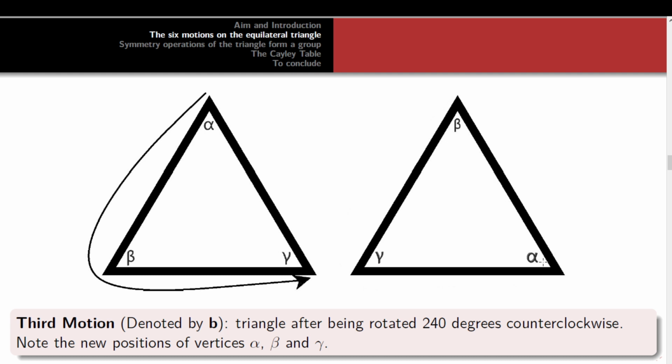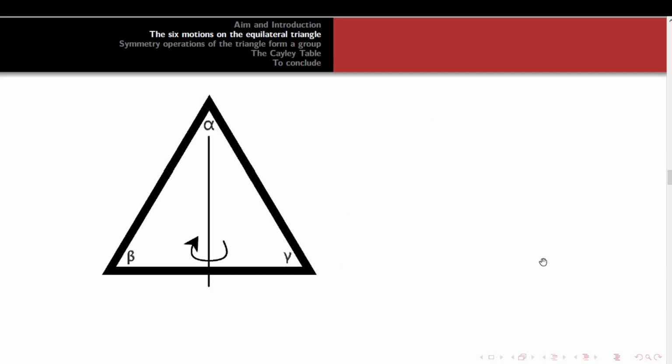And then let's see what are the next motions. Now what you're going to do is you are going to drop a perpendicular from the top vertex alpha to the base of the equilateral triangle, and you're going to treat that line as an axis, and you're going to flip the equilateral triangle about that axis.